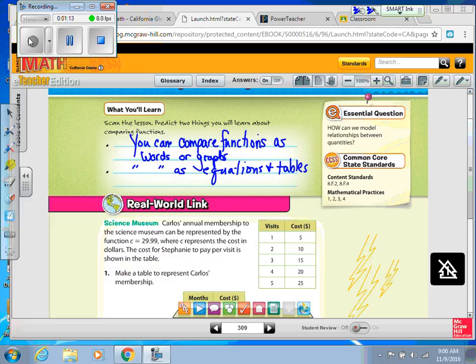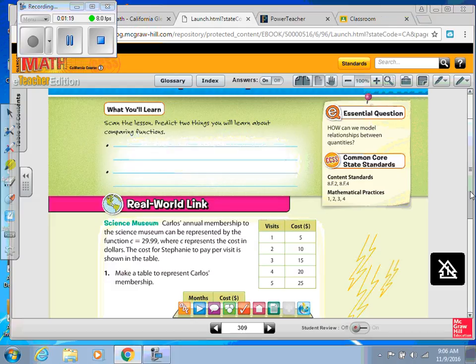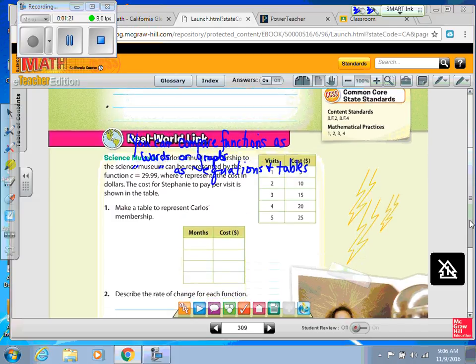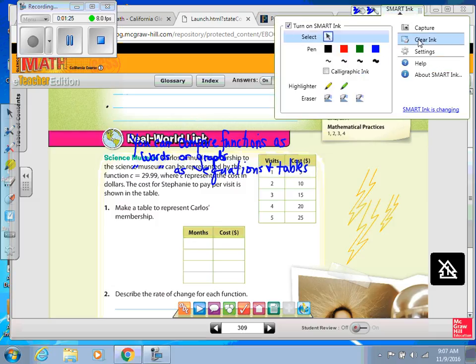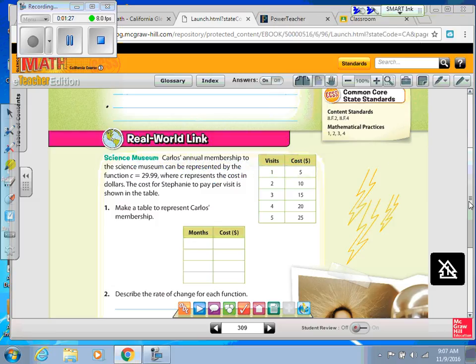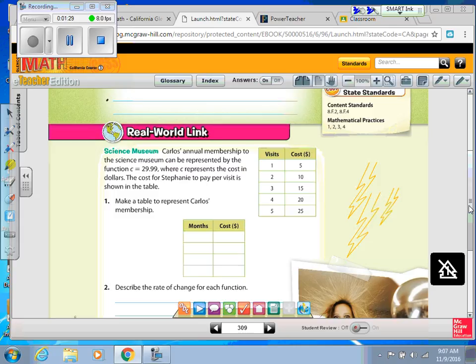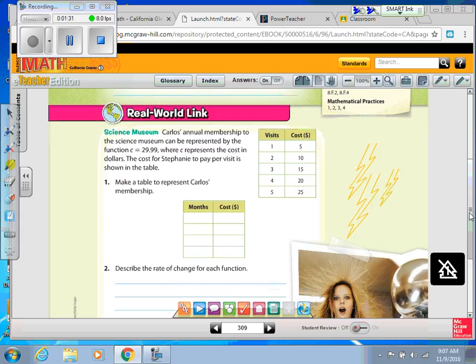So the first table is Stephanie's, and they have given us an equation for Carlos. So they want us to make a table to represent Carlos's membership so that we're going to be able to compare the functions.